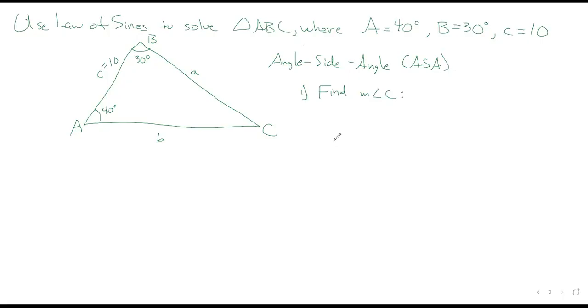And that can be done by taking 180 degrees minus 40 degrees minus 30 degrees. And that's equal to 110 degrees. And this comes from the sum of interior angles for a triangle having to equal 180 degrees.